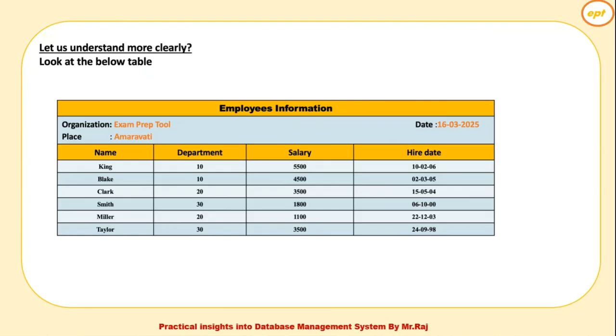Tell me, are you getting what I am saying? Now again, one more question here. After adding the labels, salary, department, hire date and all, it becomes so much easier to understand, right?